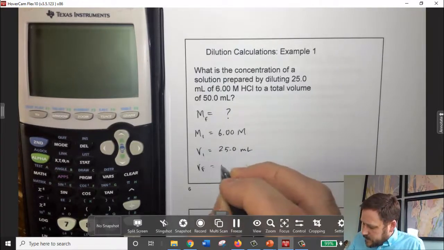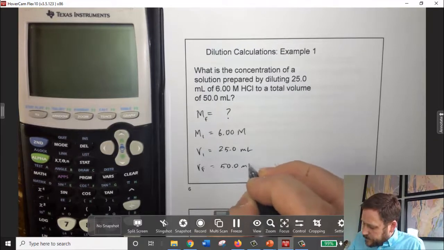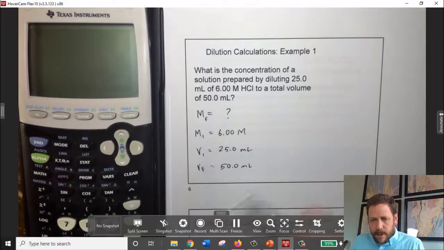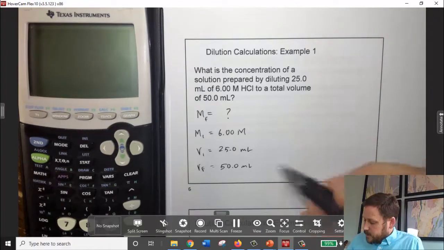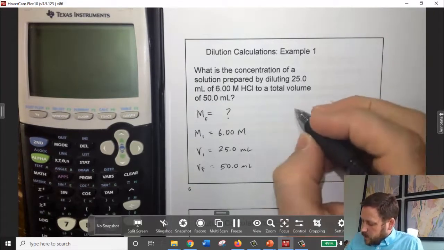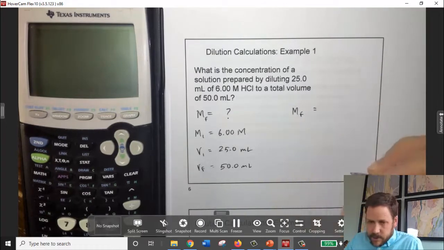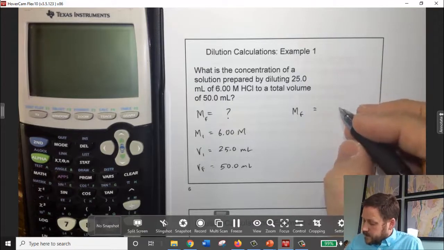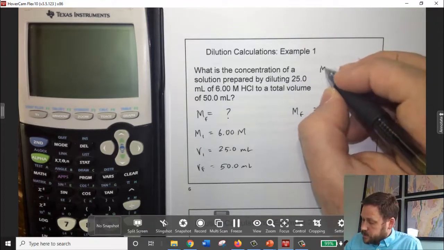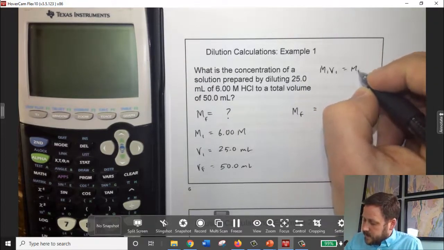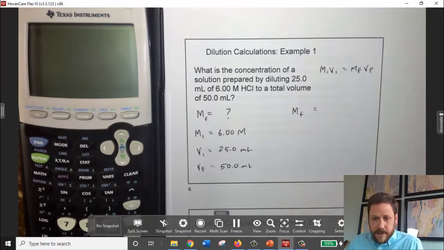Now, notice in the last lecture, I told you that this molarity formula really only works if we're in liters. However, in this new formula, we can, if we're careful to pay attention to unit cancellation, avoid converting everything to liters. So for instance here, I want to take the equation which I just introduced, MiVi equals MfVf, and I want to solve for Mf.